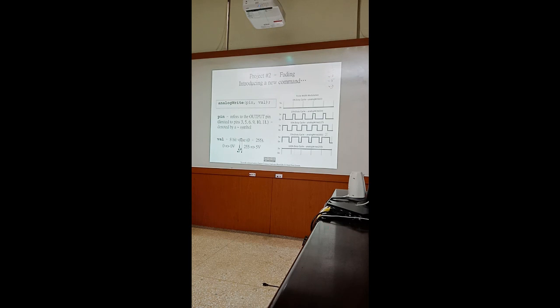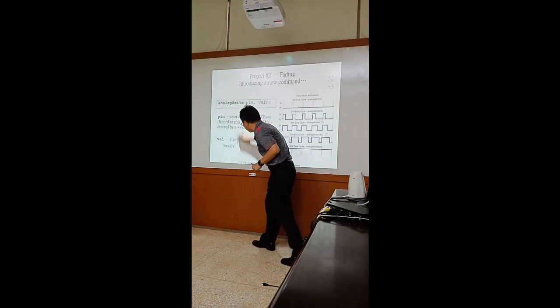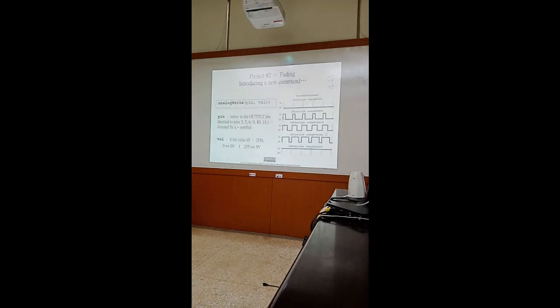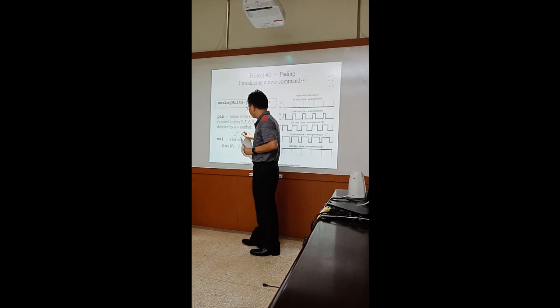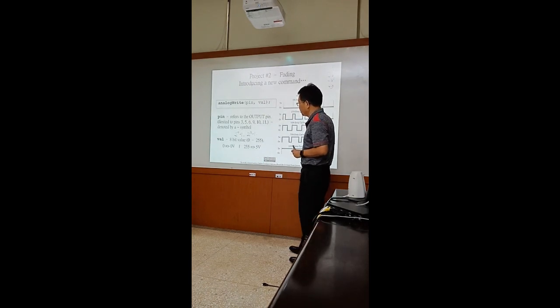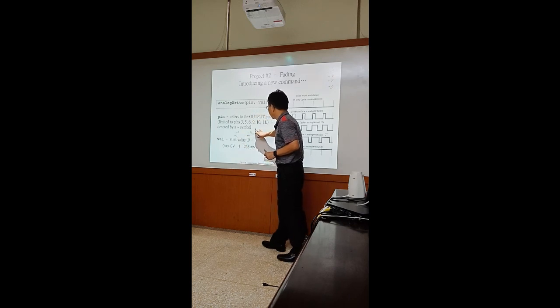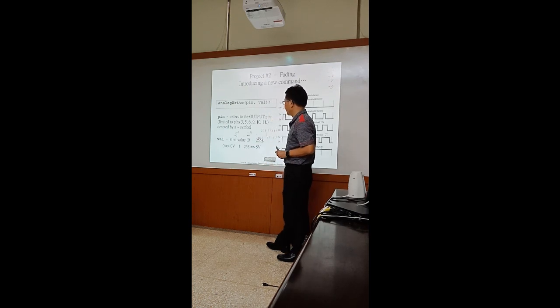So he gives an example. For 8-bit, the value is mapped to 0 to 255, because the range of the output for 8-bit is from 0 to 255, binary from all zeros to 11111111. That maps to decimal.